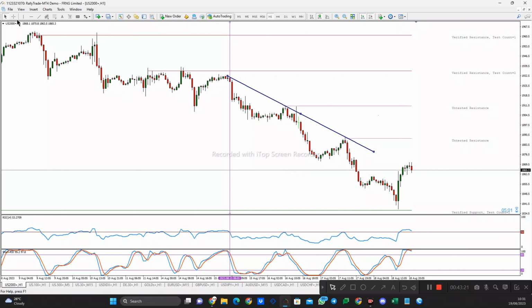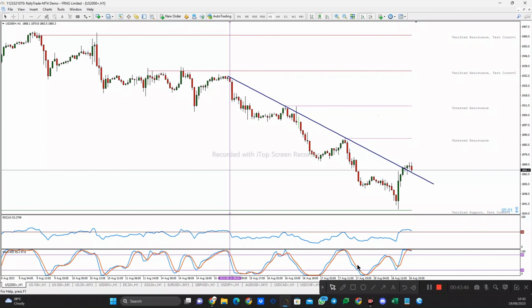Right? Now, if I draw this line, you would see that this was the point where the downtrend started changing to an uptrend, somewhere around here. Okay, you can see that.